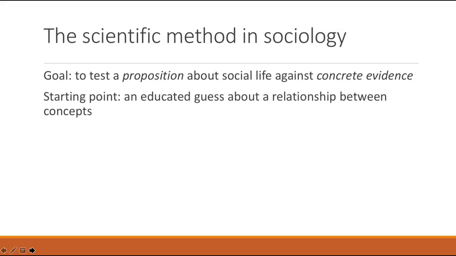The starting point is an educated guess about a possible relationship between concepts. Maybe we are wondering if people with more money are healthier. In other words, our concepts starting out are wealth and health.